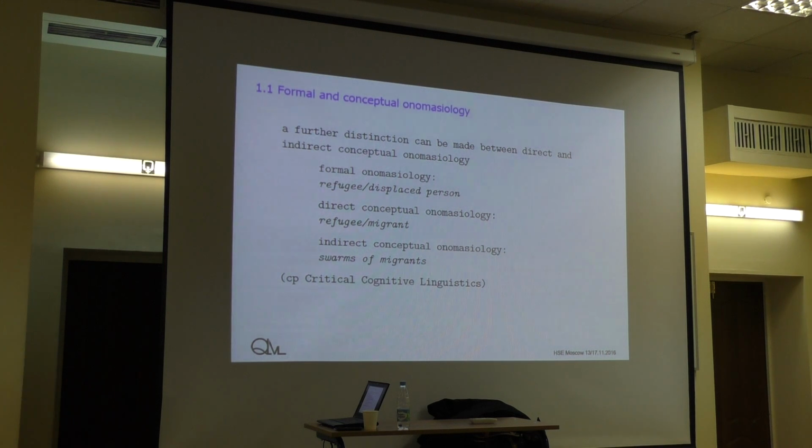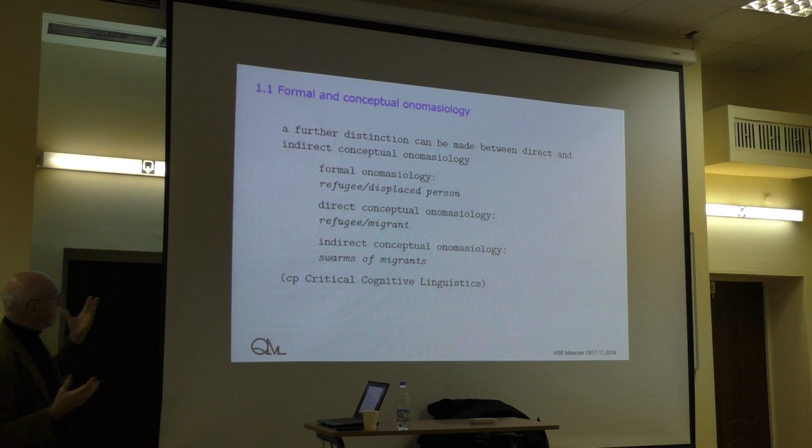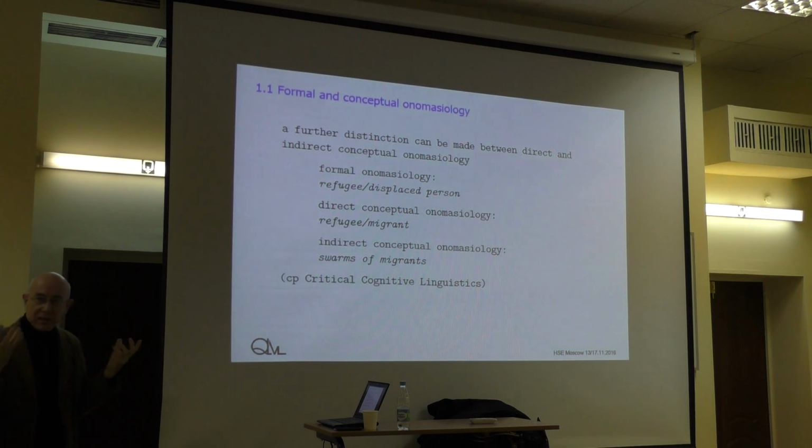And that's something that you can, in a sense, easily illustrate with a popular topic these days, refugees and migrants and immigrants. Formally, you can say, okay, between refugee and displaced person, that's a formal onomasiology. Maybe there's a slight nuance, but those are near synonyms.